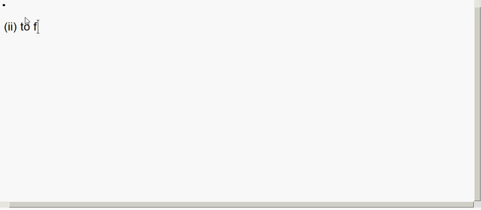To find unknown EMF E, according to the principle, E is equal to K into L. L is the balancing length that's given. K we just now found as 2 into 10 to the power minus 2.